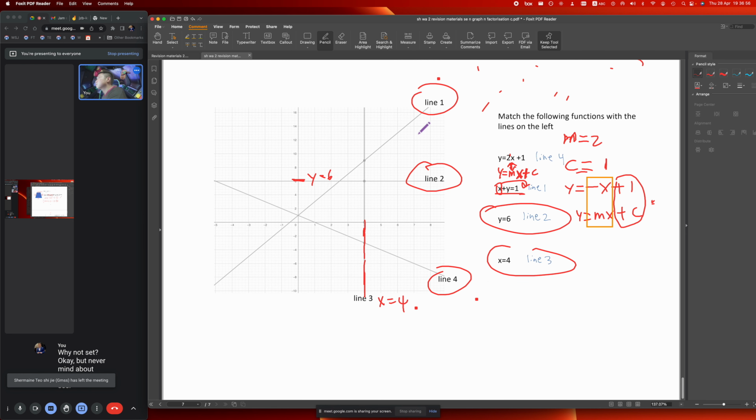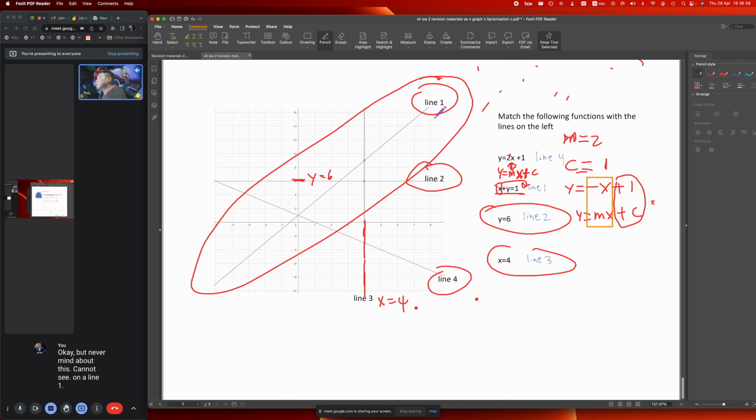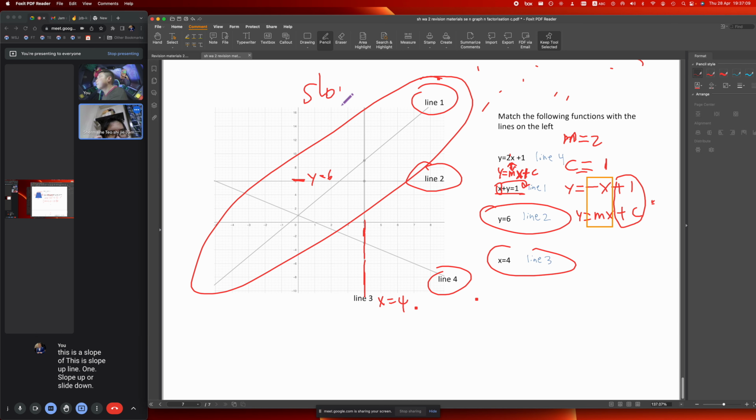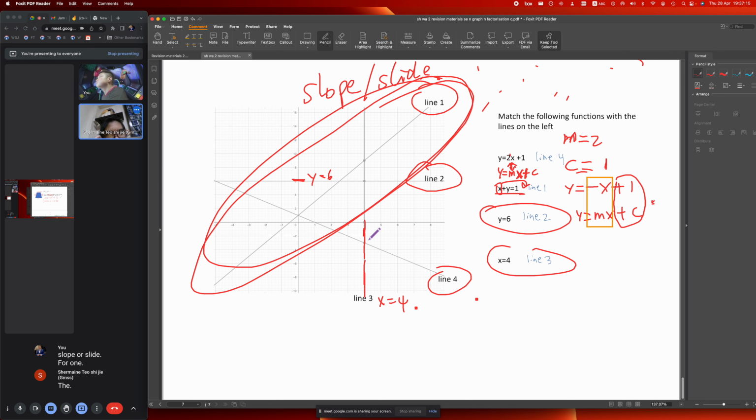Okay, line 1. Is this a slope up or a slide down? Slope.